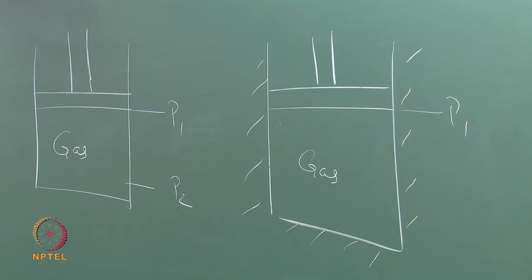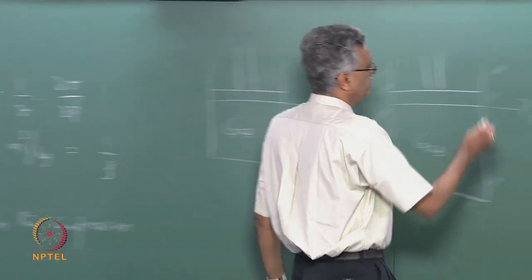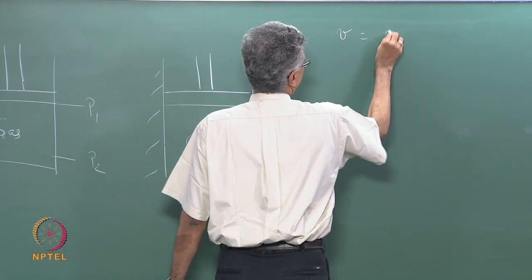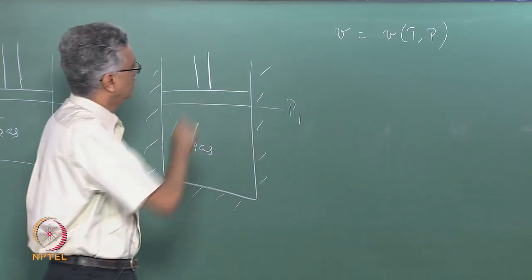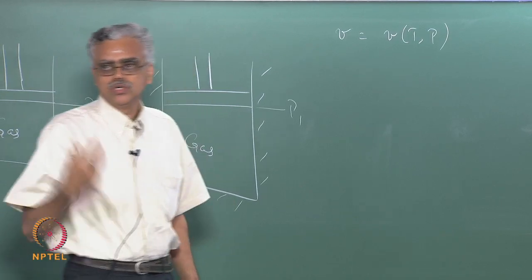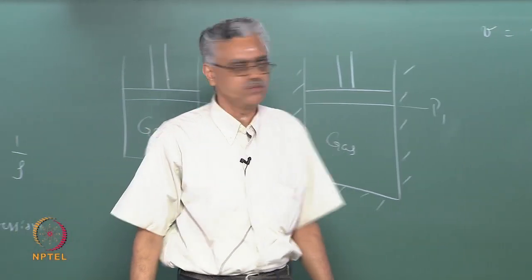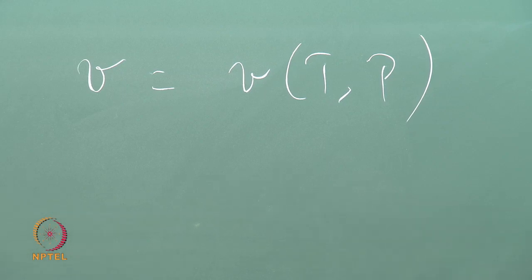Now this is actually a very restricted definition. In fact, we can write the specific volume V as a function of temperature and pressure. You know that in thermodynamics any variable depends upon two independent properties. So I can write specific volume as a function of temperature and pressure.